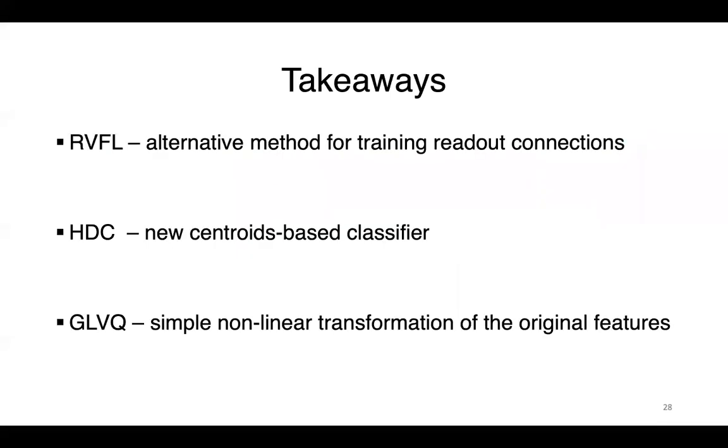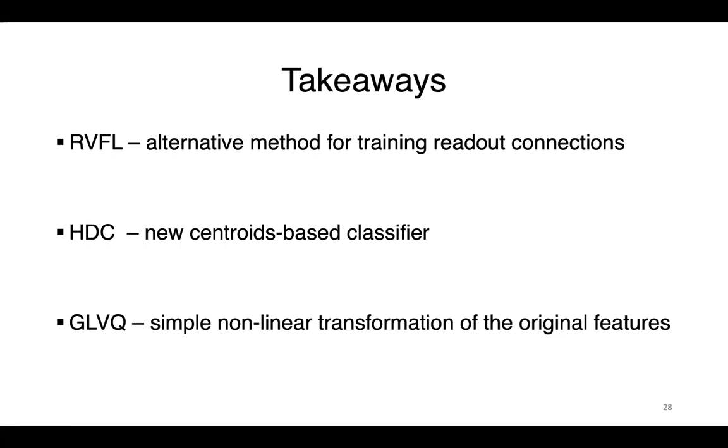As final takeaways, to summarize, GLVQ-RVFL contributes to 3 fields of research. First, for RVFL, it represents an alternative method for training the readout connections of an RVFL network. Second, for HDC, it is a new HDC classifier that provides state-of-the-art accuracy on the UCI datasets.